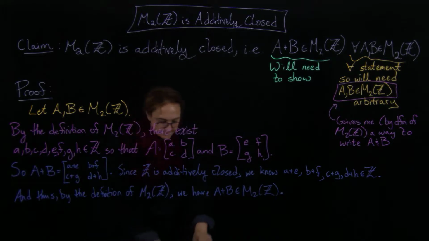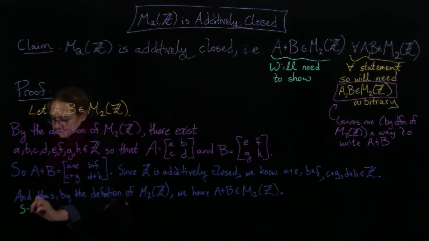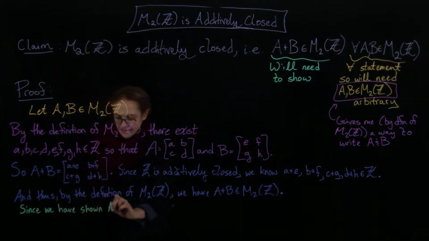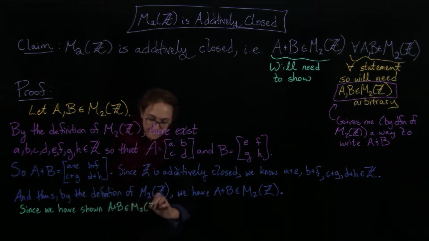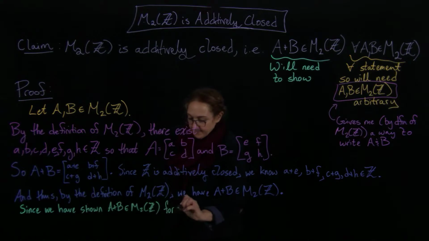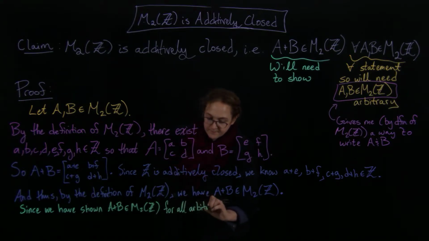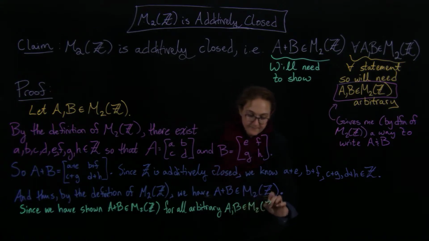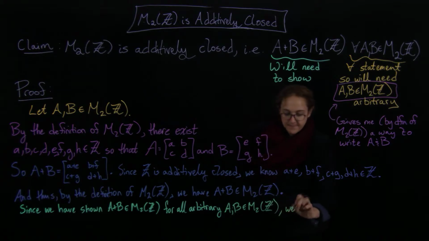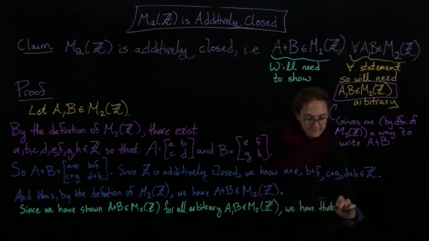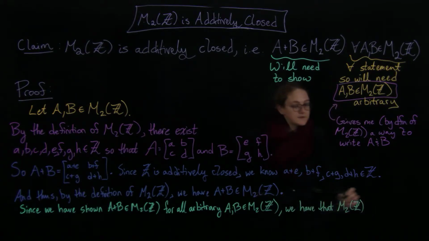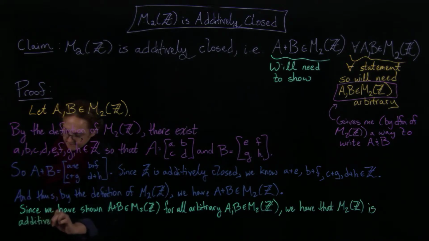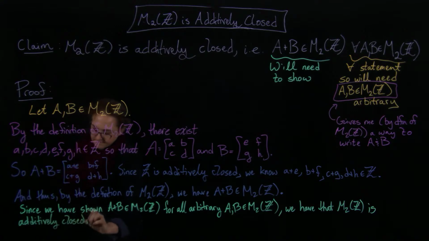Okay, since we have shown A plus B is contained in M2Z for all arbitrary A, B in M2Z, we have that M2Z is additively closed. As desired.